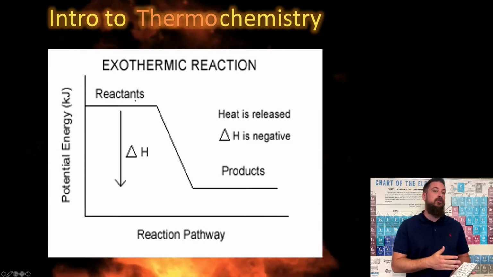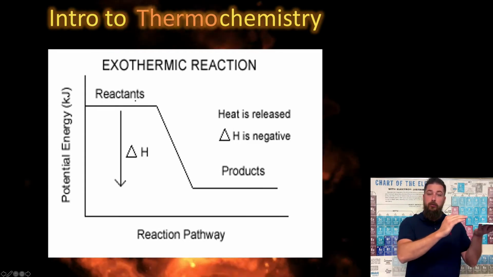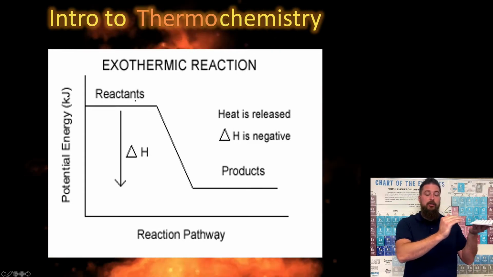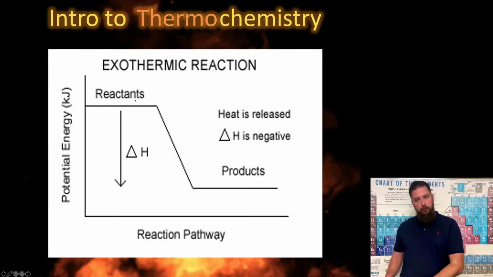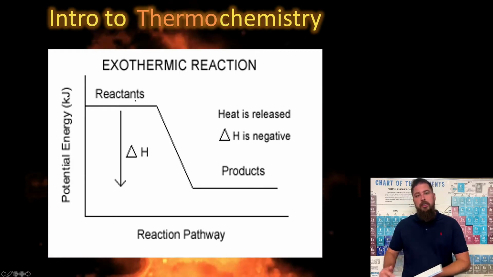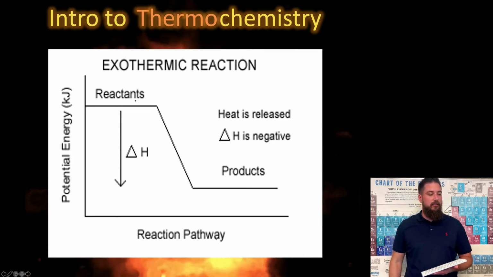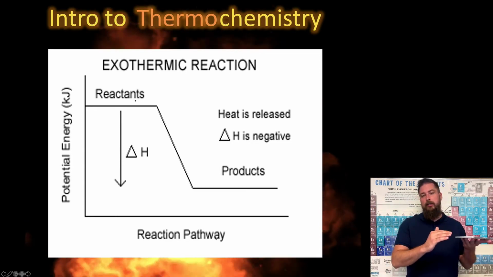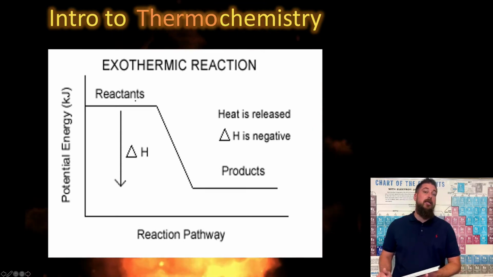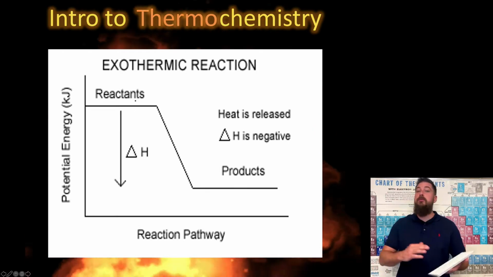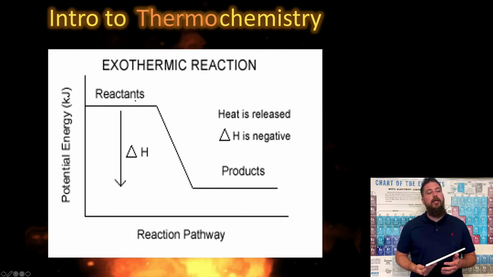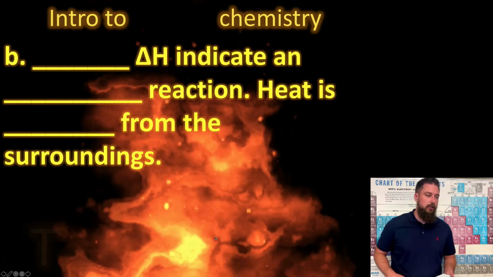In an exothermic reaction, when reactants turn to products, they lower their overall energy. The change in energy is a negative change because heat is released in that situation. So if your products are lower than your reactants, that means they lost energy, which means the energy is released, and that is what an exothermic reaction looks like.